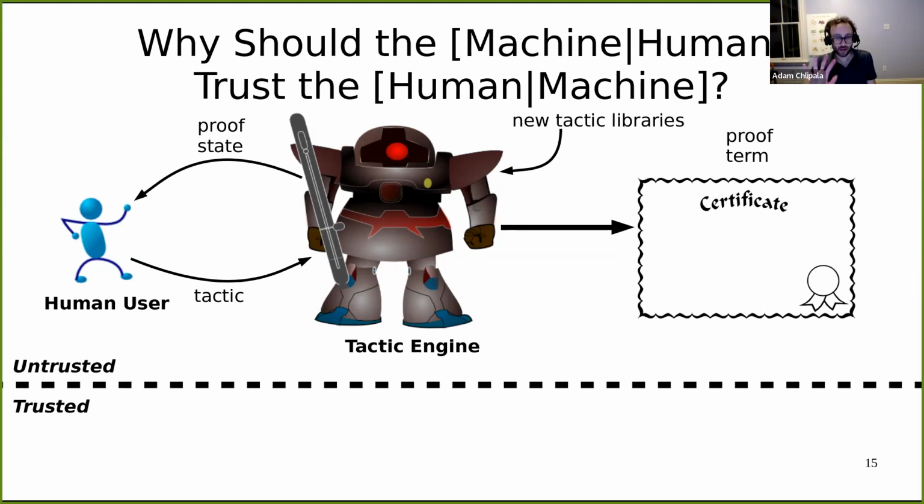And in fact, this is set up so that everything I just talked through is what we'd call untrusted, meaning that mistakes in any of these pieces shouldn't allow us to accept an untrue theorem, because there's a relatively small proof checker that takes in a term in this format and can algorithmically give us the thumbs up or the thumbs down for it, just following a formal definition of the deduction system. And this system is expressive enough to cover basically all of math and computer science and other domains too, I'm sure.